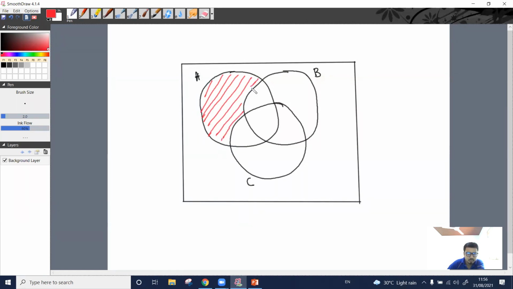Area belongs to whom? Only A. Yes, this is the area belongs only to A.